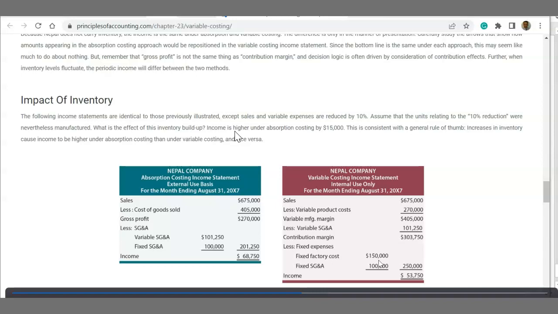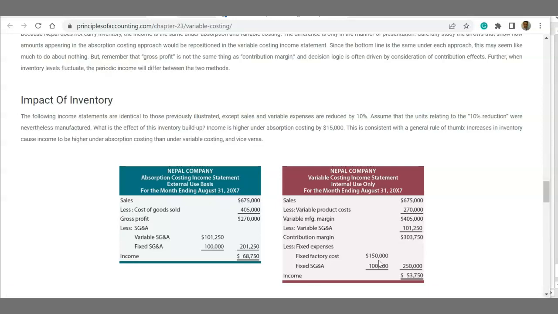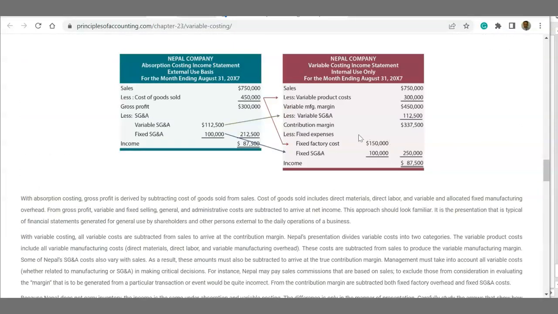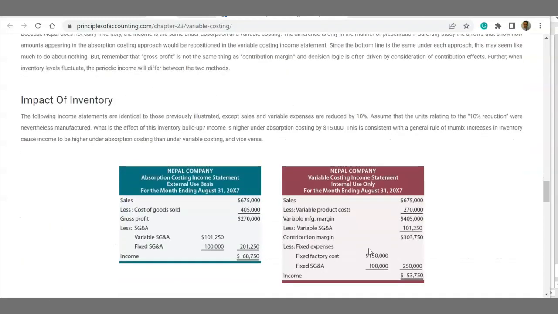That means your leftover inventory is just based on variable expenses, because all of your fixed overhead is already expensed right here, just like the regular case where you sold all of your product. Here you sold all your production, and your fixed overhead is expensed. Here you sold just 90% of your production, but still all your fixed expenses are expensed, right?